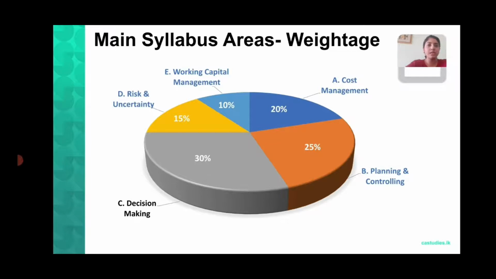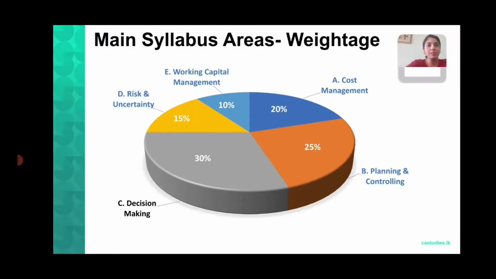So you need to have very high decision making abilities in the business world, and that's why they've given a higher percentage there. But secondly, they go to planning and controlling with 25%, which is also like decision making but has several aspects to it, which we will cover later.